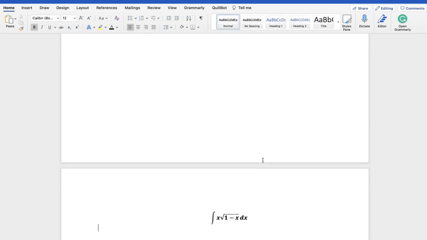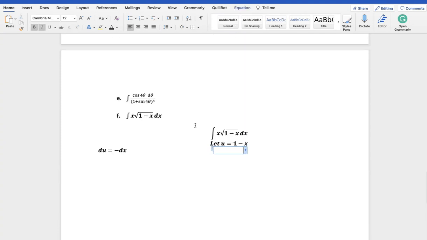So taking it back into the original expression, we have that is equal to x times root u, and dx is just minus du. So you have minus du there.